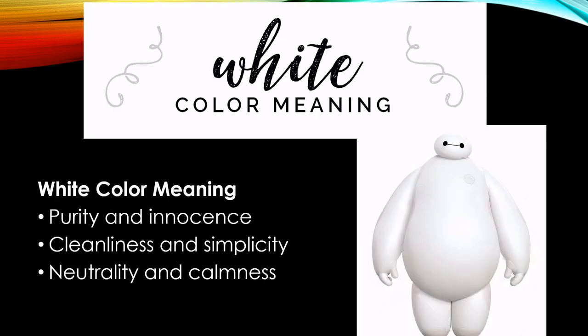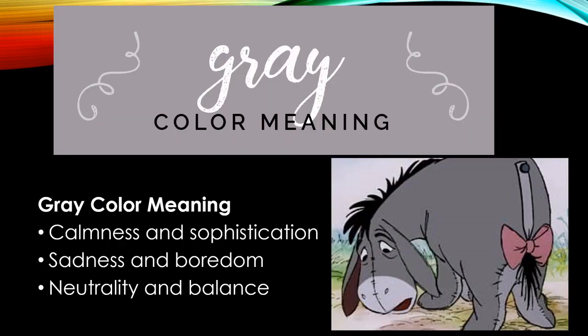White is primarily used to show purity or innocence or cleanliness. Somebody who is clean of all evil intentions at all. If they are solid white, that usually means they're a very calming person, and they're also very innocent, and they have nothing to hide.